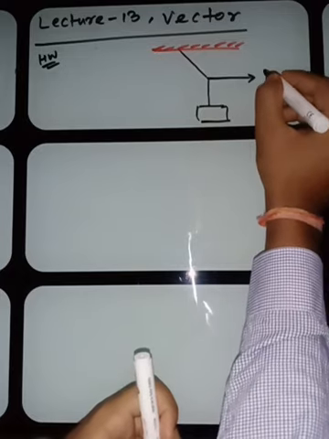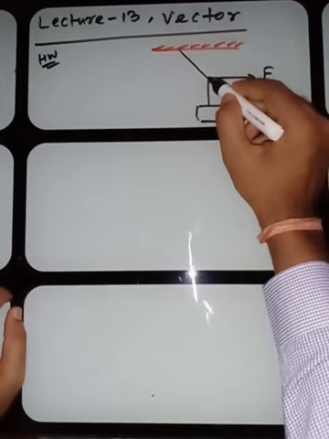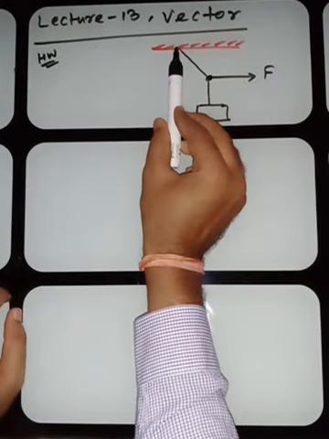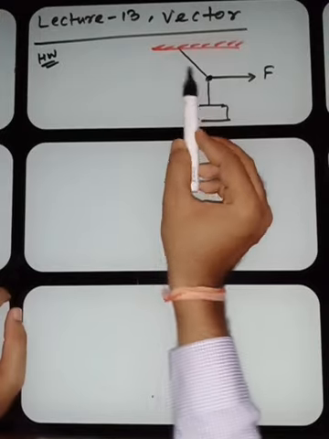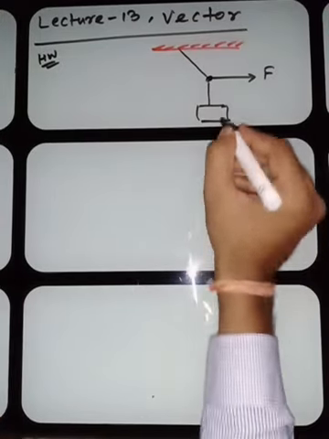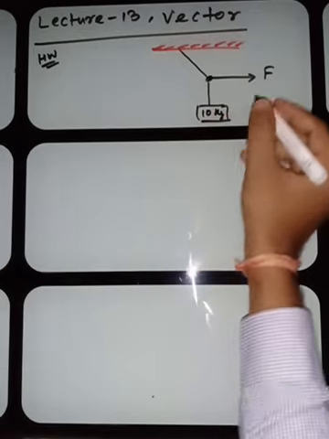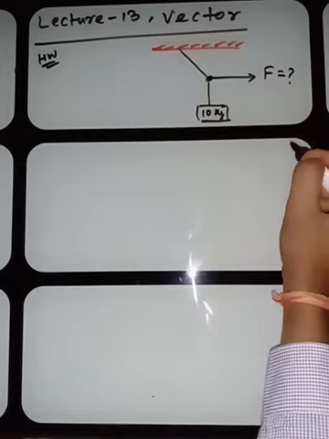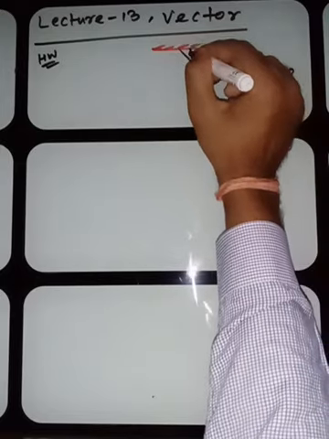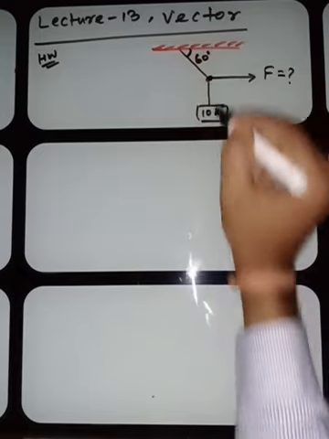Here a force is acting. Of course, if you tie a thread over here, it would be suspended like this, but if a thread is tied in between and pulled in this way, then the diagram looks like this. It is 10 kg. You have to find this force. How much force must be applied over here so that it bends at 60 degrees?